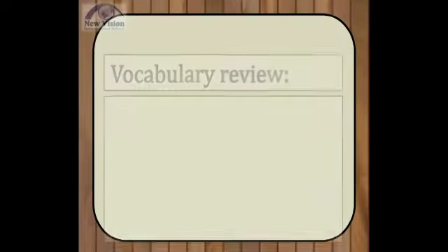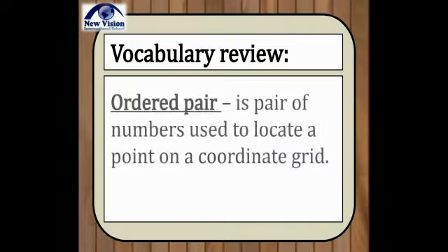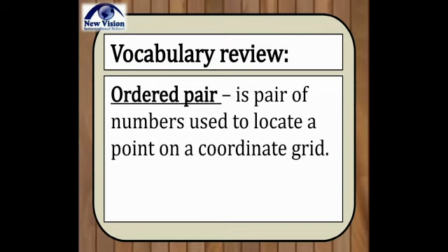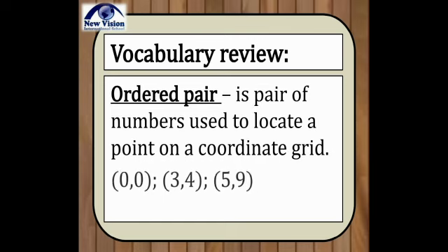Next, we also have ordered pair, a pair of numbers used to locate a point on a coordinate grid. Here are examples of ordered pairs: (0, 0), (3, 4), (5, 9). The first number is what we call the x-coordinate, and the second number is the y-coordinate.